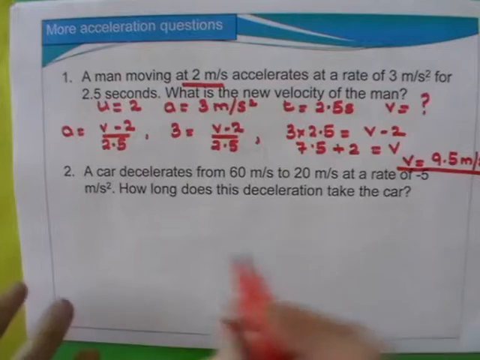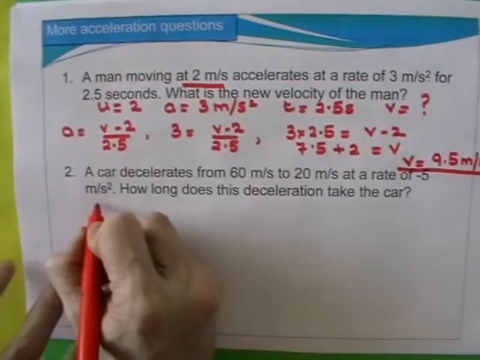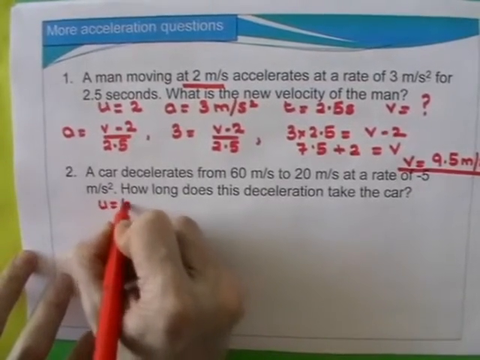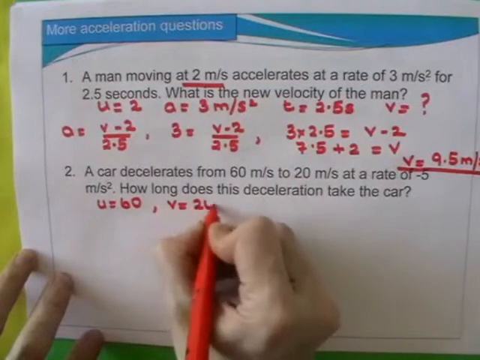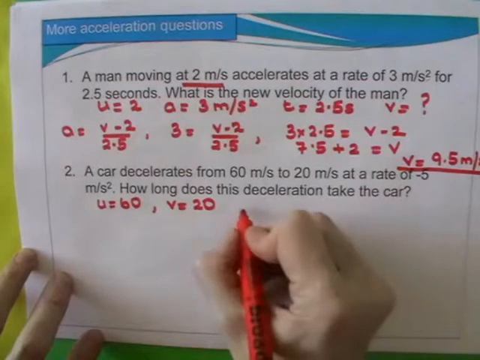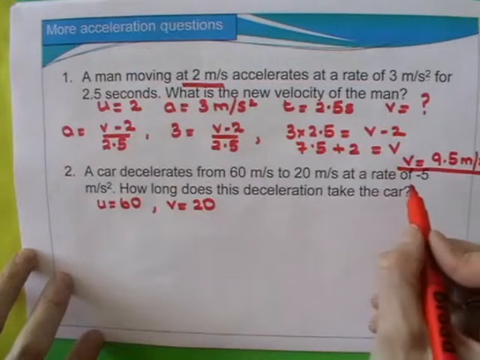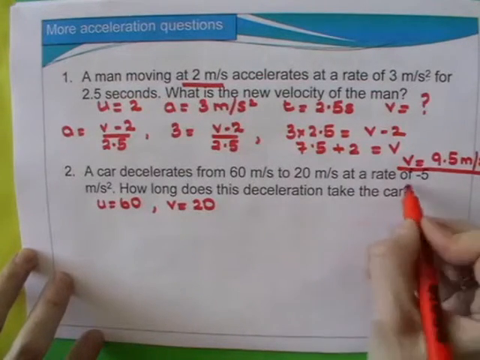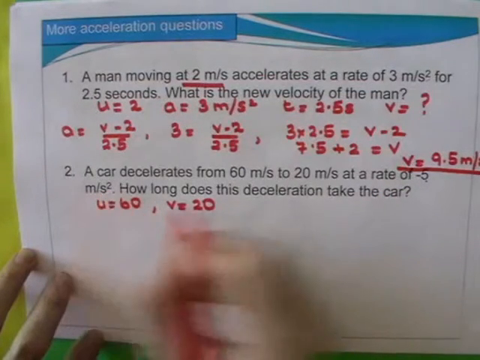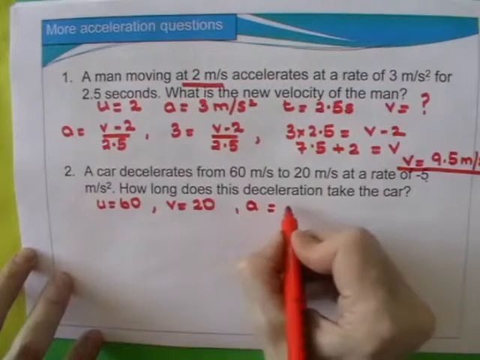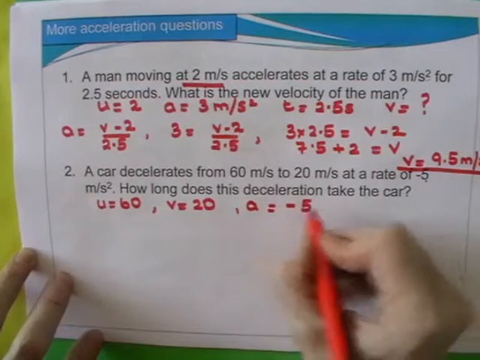A car decelerates from 60 to 20, so its initial velocity U is equal to 60. Its final velocity V is equal to 20. It has a rate of minus 5, so the acceleration or deceleration word isn't beside this, it just says rate, but it does give you a unit. And so you know that A is equal to minus 5. How long?